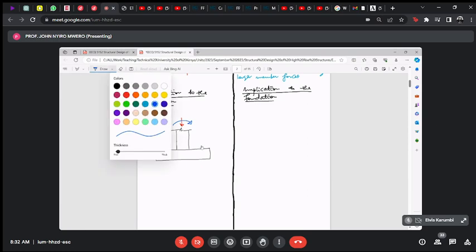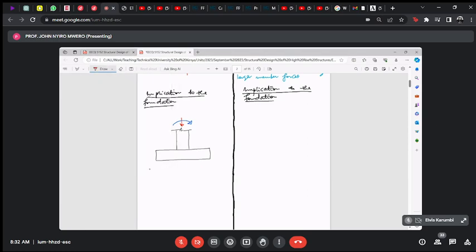So we know, courtesy of that load P, let's call this M, courtesy of that load P, we will have a uniform pressure below the foundation. Courtesy of the bending moment, we will have a pressure that does that.